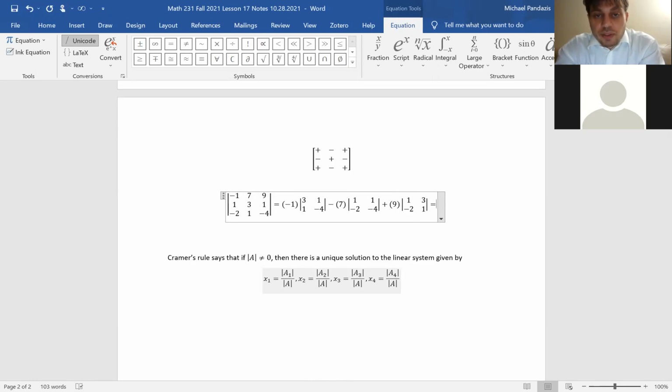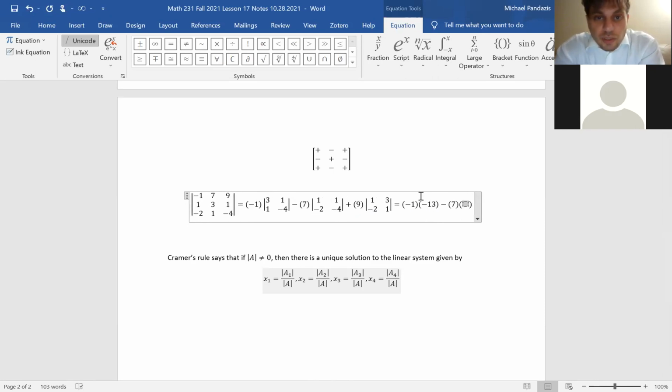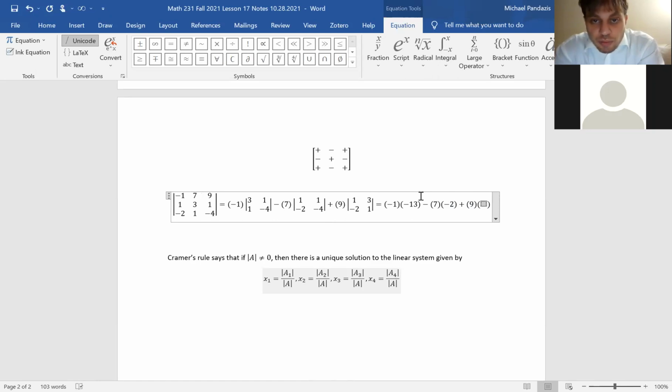And now this is equal to, so you have -1 times -12 minus 1, -13, minus 7 times the next determinant, which is -4 minus -2, which is -2, plus 9 times that determinant, which is 1 minus -6, which is 7.